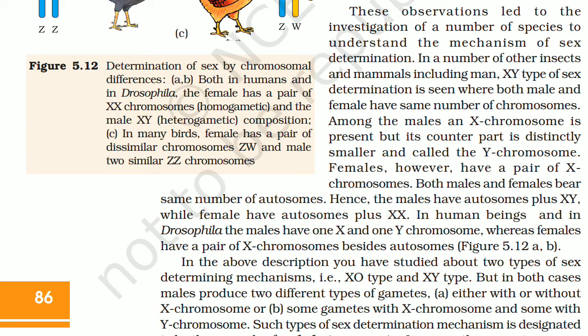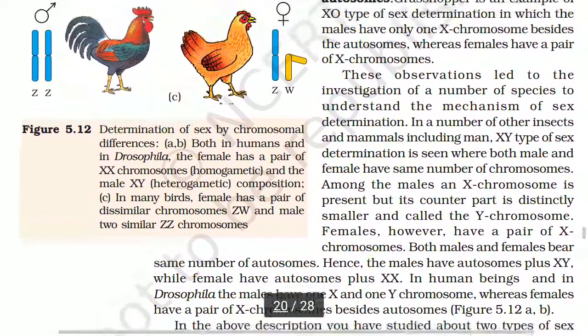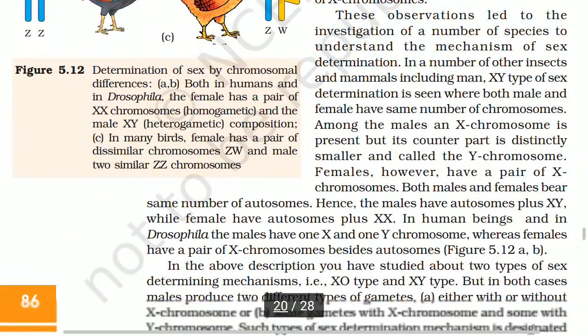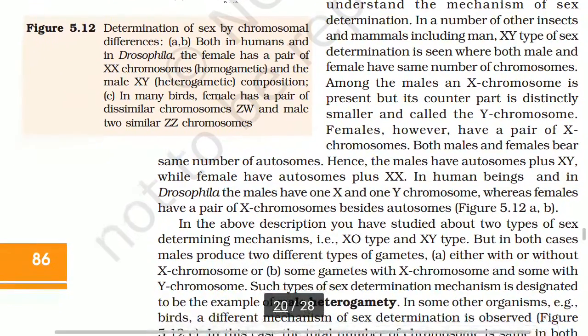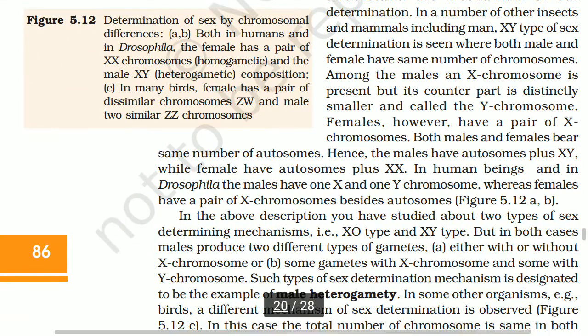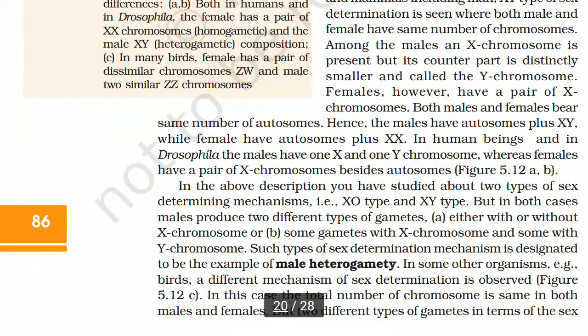Among the males, an X chromosome is present, but its counterpart is distinctly smaller and called the Y chromosome. Females, however, have a pair of X chromosomes. Both males and females bear same number of autosomes. Hence, the males have autosomes plus XY, while females have autosomes plus XX.